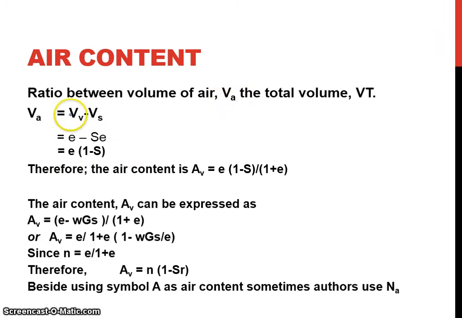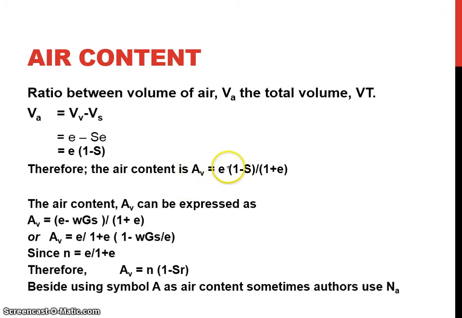When we assume Vs equal to 1, Vv becomes e and Vw becomes Se, so factorizing the e, we have Va equal to e times 1 minus S, the degree of saturation.